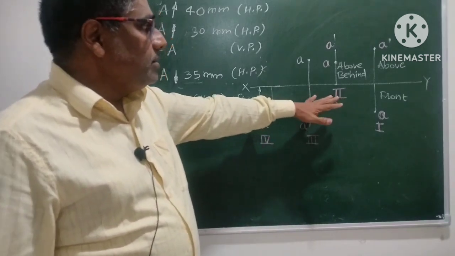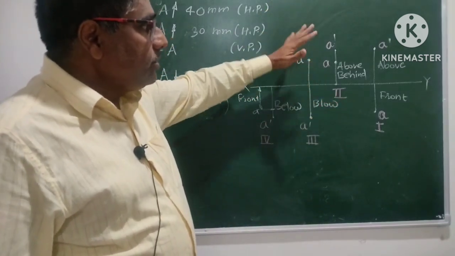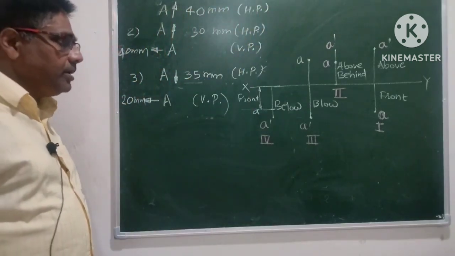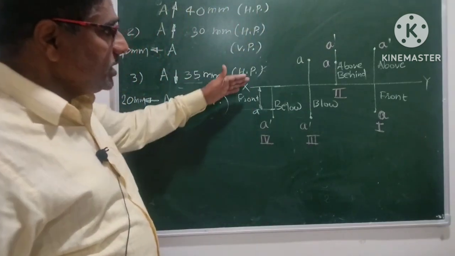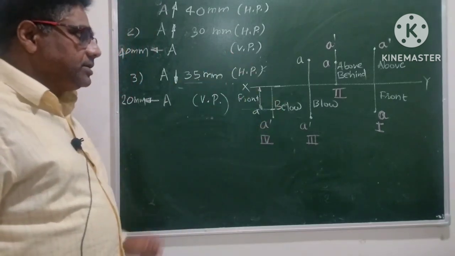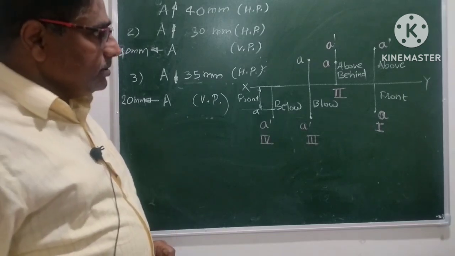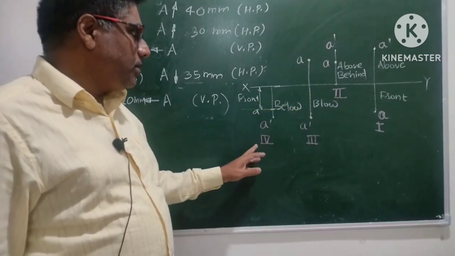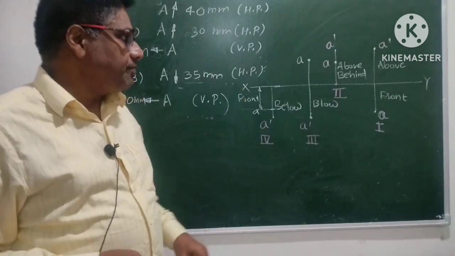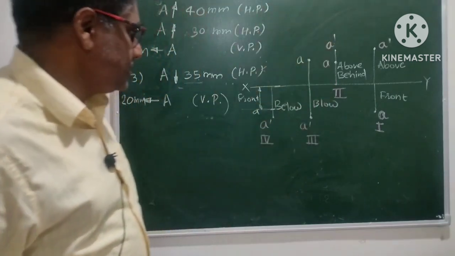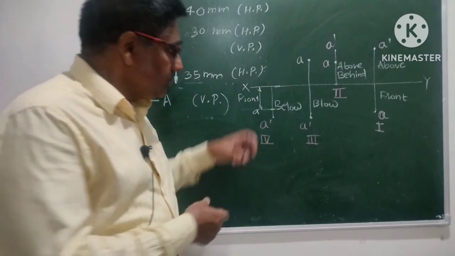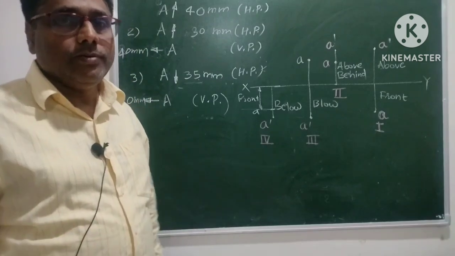In second quadrant, we obtained front view and top view above XY line on the same side, and in fourth quadrant we got front view and top view on the same side of XY line and below XY. This means that when we use the second and fourth quadrant, there may be overlapping of views if both the distances are the same, that is, behind and above distance, or front and below distance. If these two distances are the same, then there will be overlapping of views.